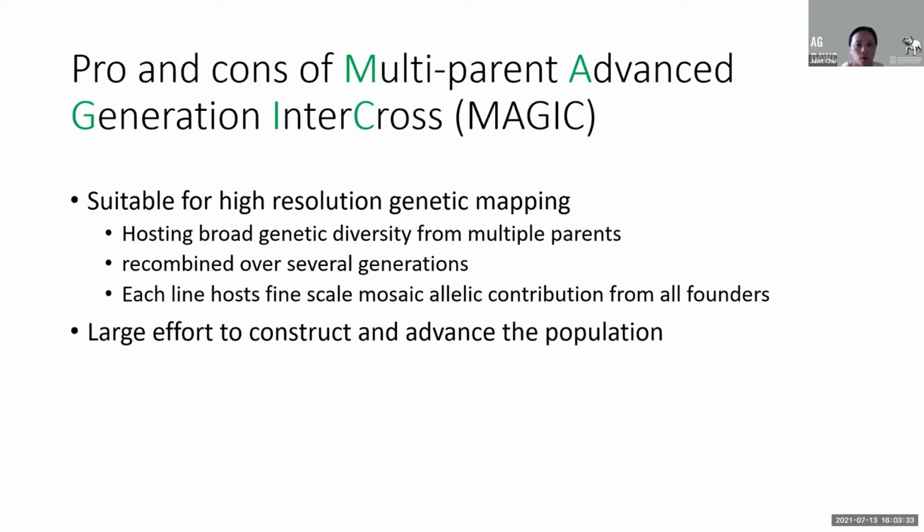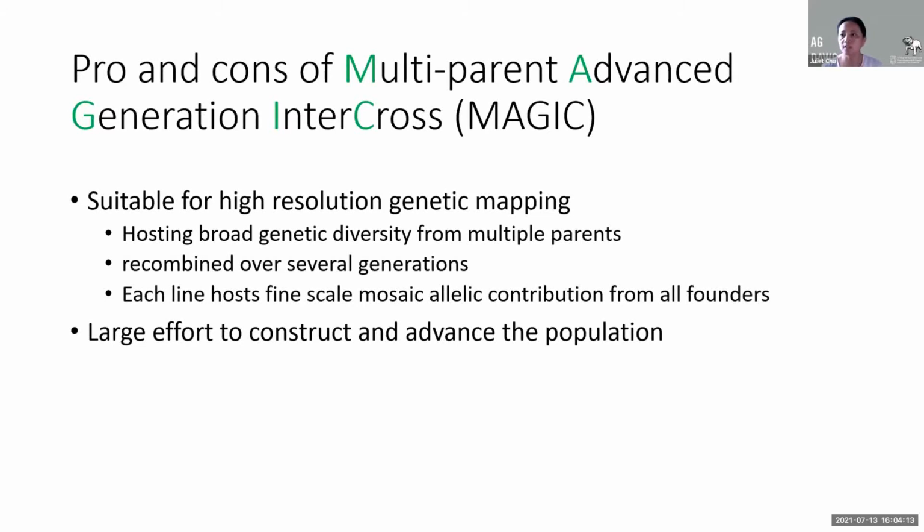Also, in constructing the population, several rounds of crossing are done with carefully designed funnels so that recombination occurs actively through several generations of crossings, and the genetic diversity is shuffled intensively. In the end, the MAGIC population lines host fine-scale mosaic allele contribution from all founder parents. That's the theory behind using multiple parents to produce a genetic mapping population.